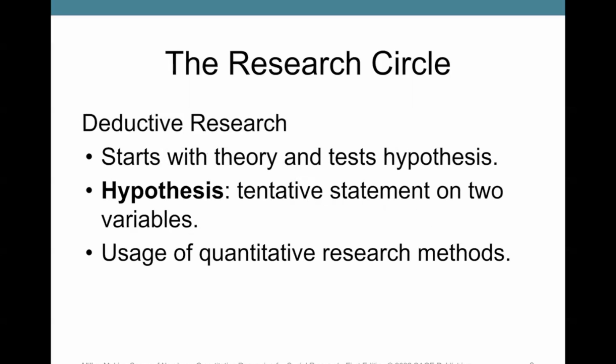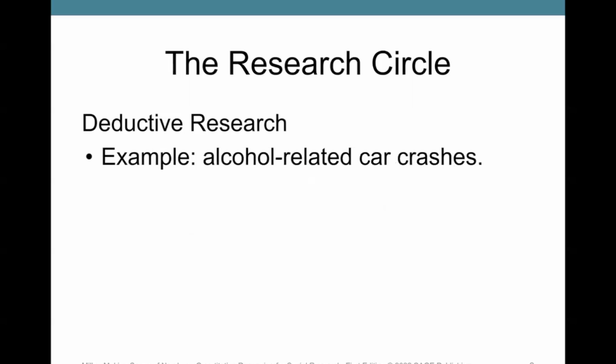On the other hand, with deductive research, you take the guesswork out of the equation because you already have the theory. It starts with theory and tests a hypothesis. A hypothesis is a tentative statement on two variables. I will try to use your example if I can remember.